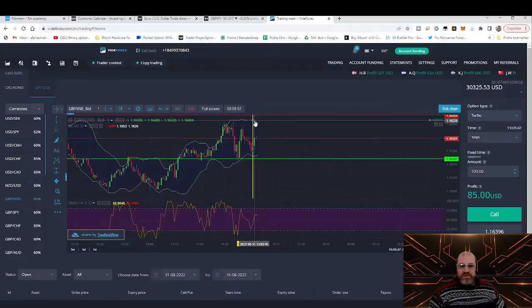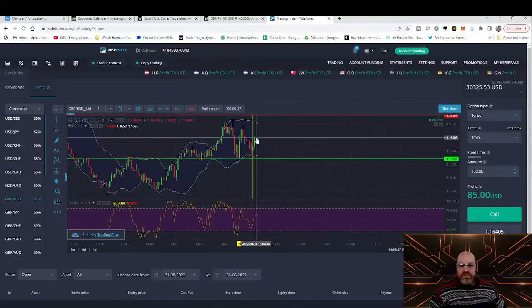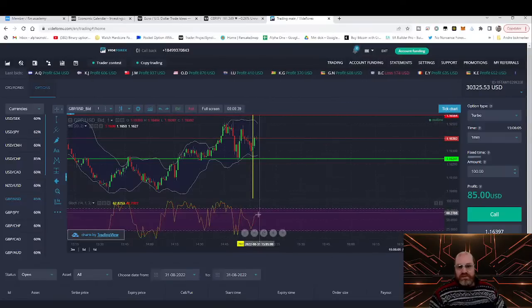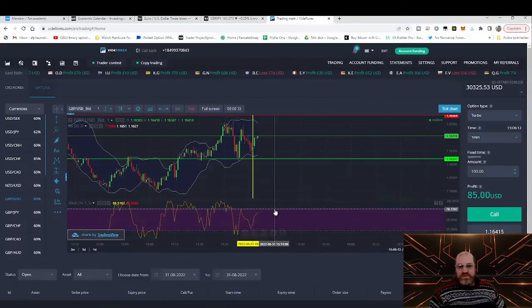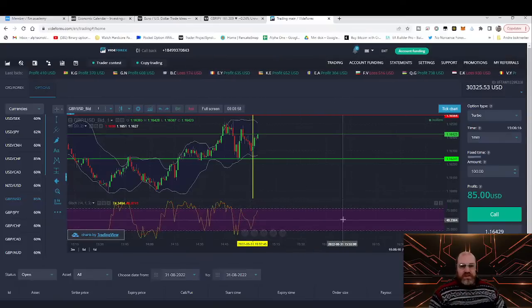Currently this is resistance and this is support. So the rule is like this. If you have a space in between the upper Bollinger Band, the white line you see here, and the red line, which is the resistance, and a big green bar comes up and hits this red line, and the stochastic line is up in this black area, we do then have a trade.